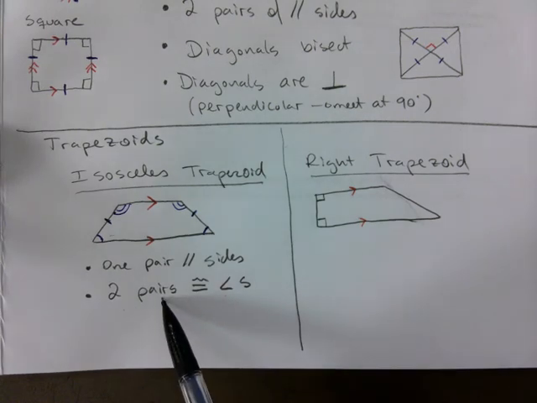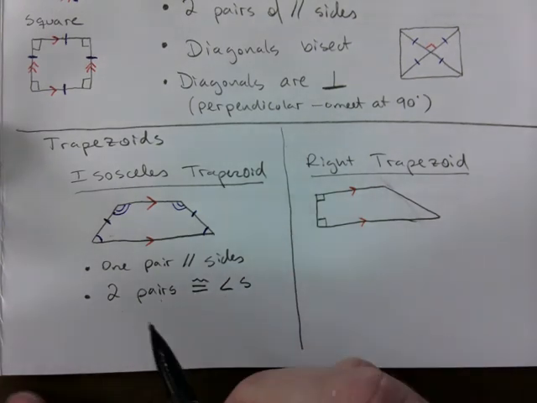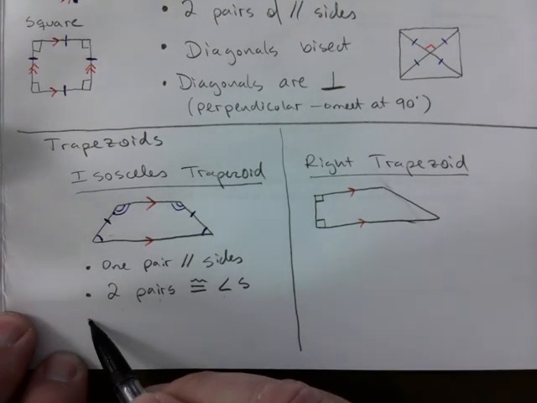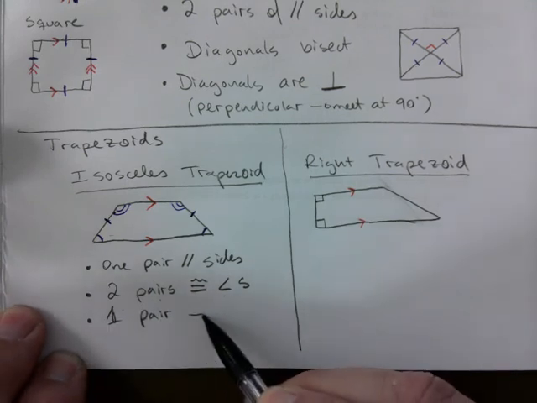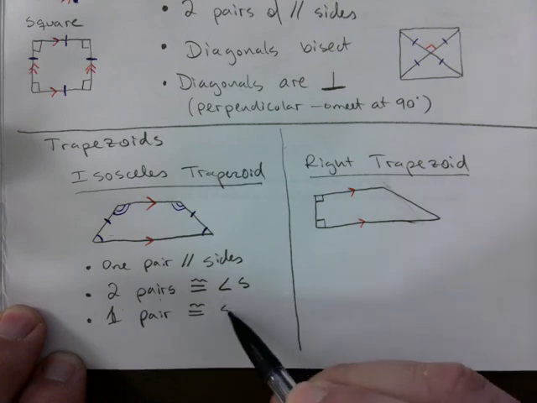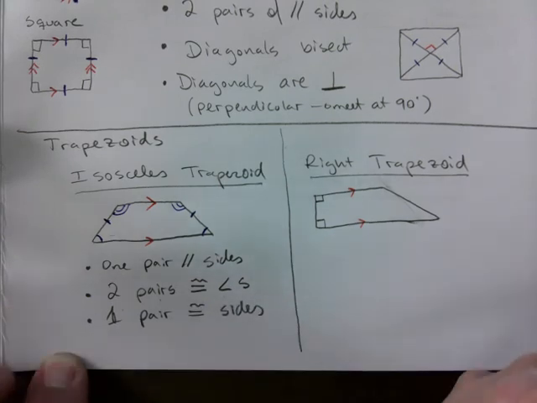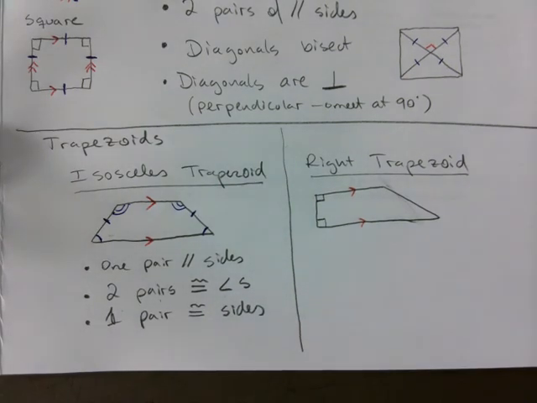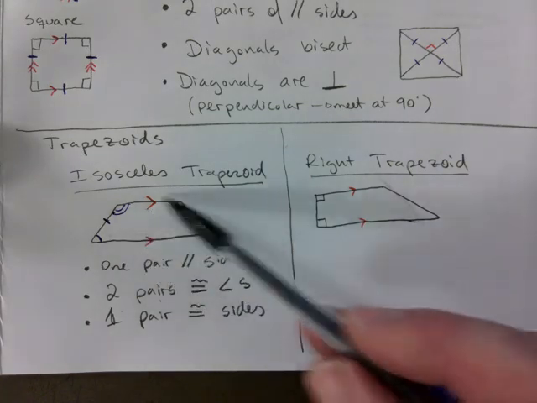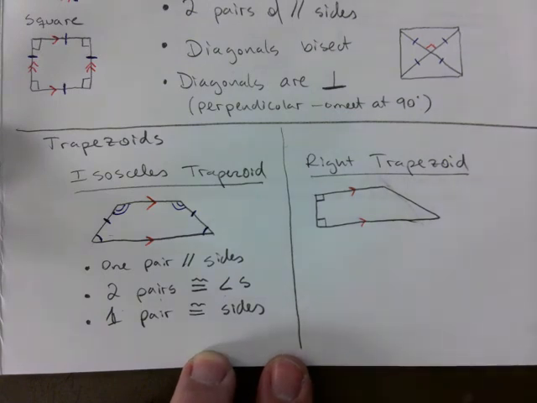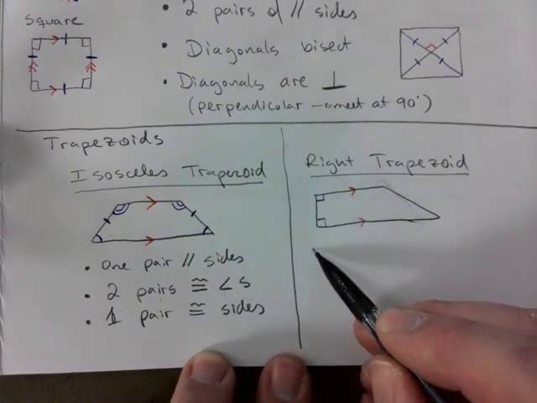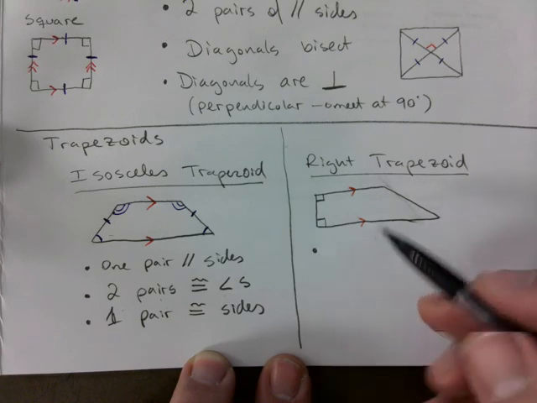So two pairs of congruent angles and one pair of congruent sides. Those are the properties that you can label on that isosceles trapezoid. So if I ask you to label it, the labels need to show up there. But I might also ask you questions in terms of a word problem. So you got to be able to identify it.